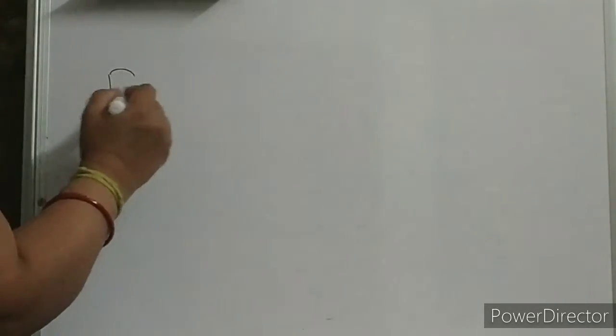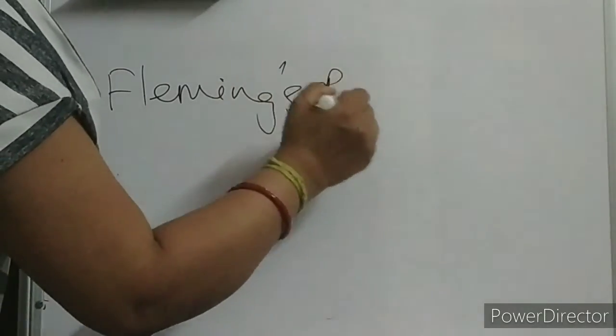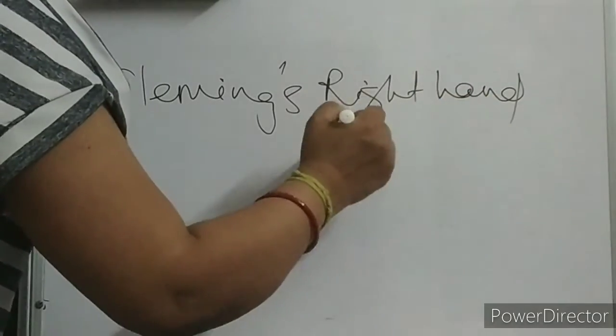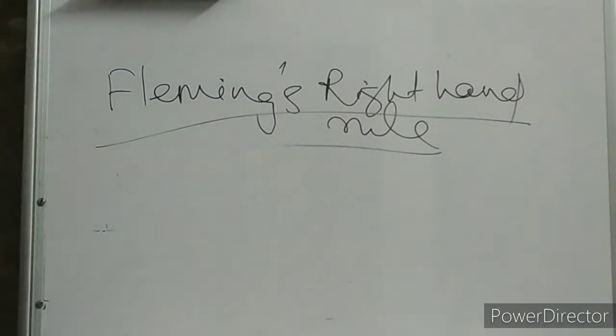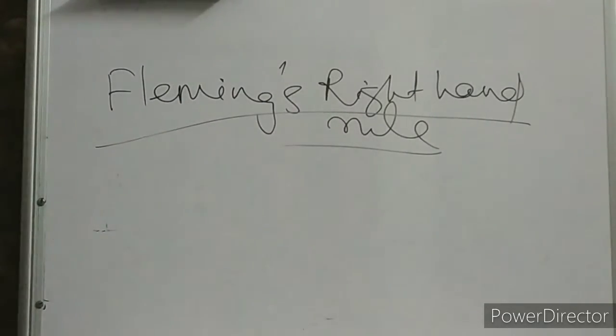Now we will come to the last part, Fleming's right hand rule. What is this? Again, what is the aim of this rule? To get the direction. See, Fleming's left hand rule and Fleming's right hand rule, both the rules are different.